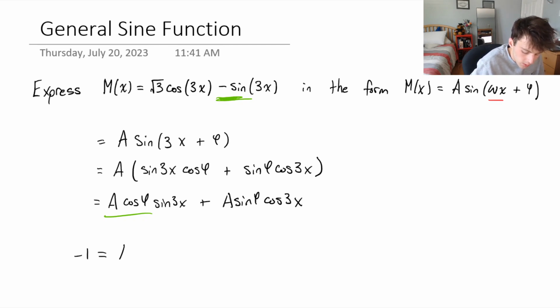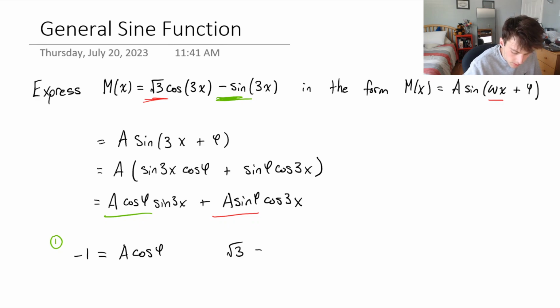We want that to be equal to a times cosine phi. And just like that, we've got equation number 1. Let's take a look at equation number 2. The coefficient on our cos 3x term is a sine phi. And from the expression, we can see that it is square root 3. So now square root 3 must be equal to a times sine phi.